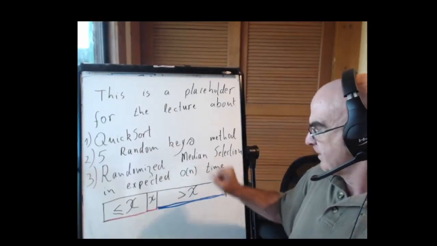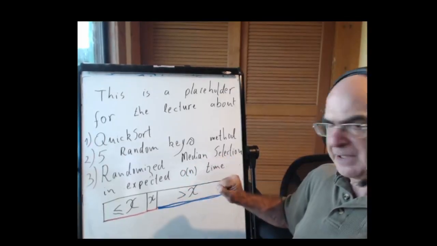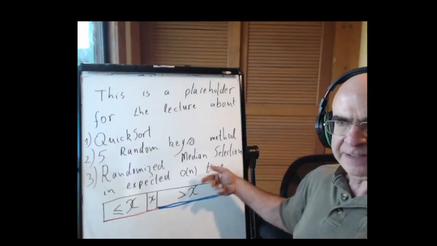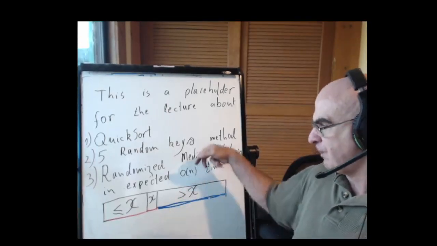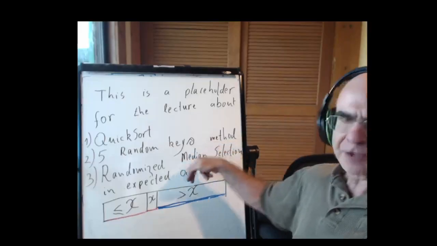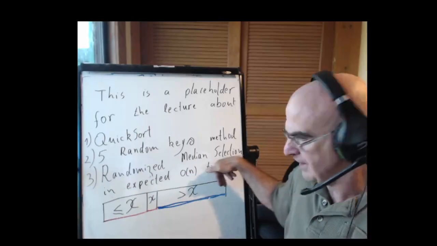Finally, study from this video the method of randomized median selection, or selecting the randomized k-th largest element in the array. I want to pick an element which is larger than, say, half of the keys in the array.